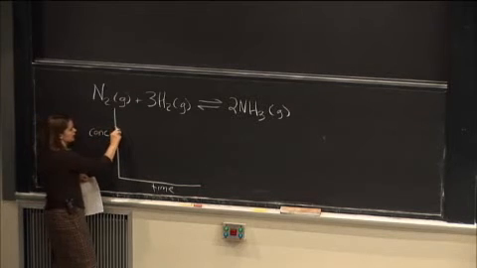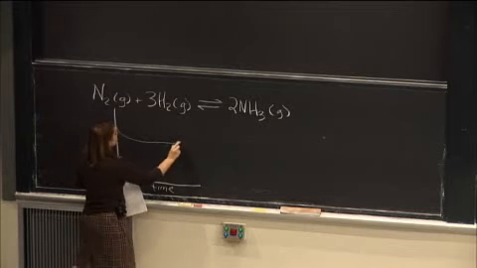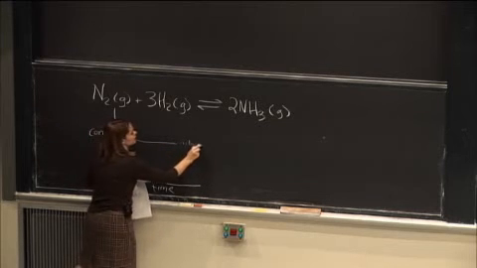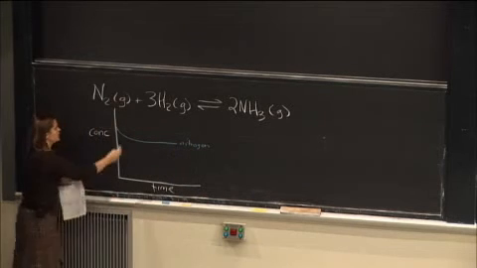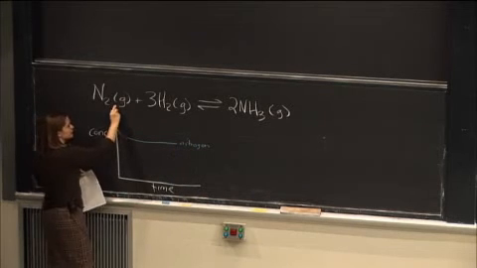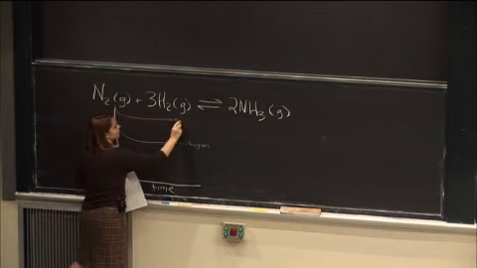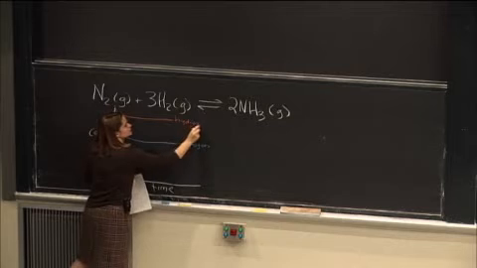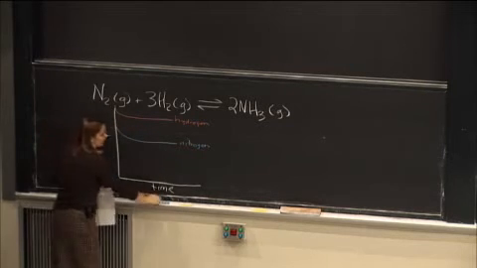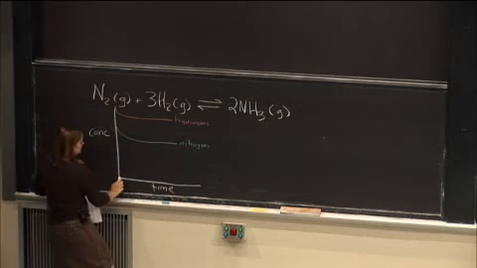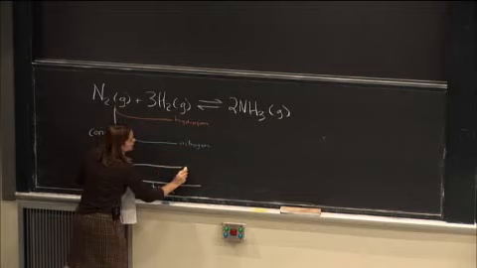As it reacts with hydrogen, the concentration will decrease and then level off. We'll start with some amount of hydrogen gas, and its concentration will also decrease and level off. And in the beginning, we won't have any of the product, any of the ammonia, so its concentration will increase and then level off.